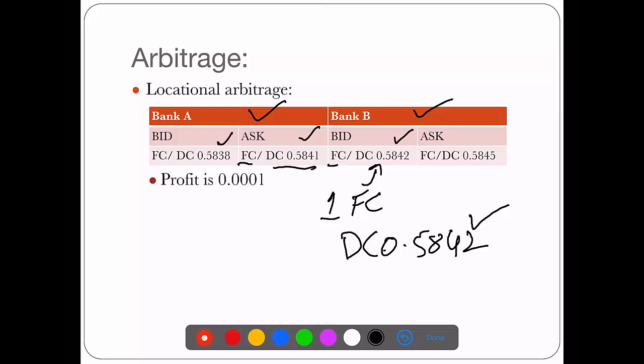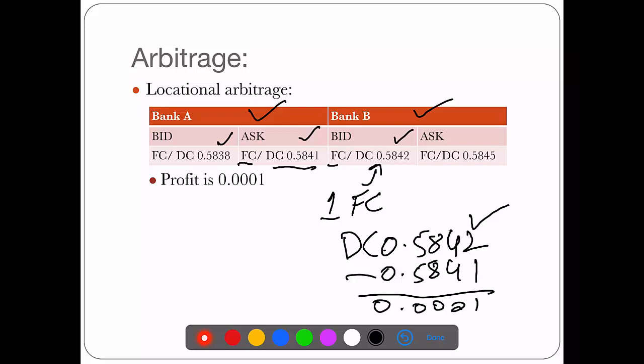You paid for the foreign currency only 0.5841, but you sold the same to Bank B at a high rate. So you can see there was an opportunity to buy an asset, in this case the foreign currency, at a low rate and sell it to another bank at a high rate.